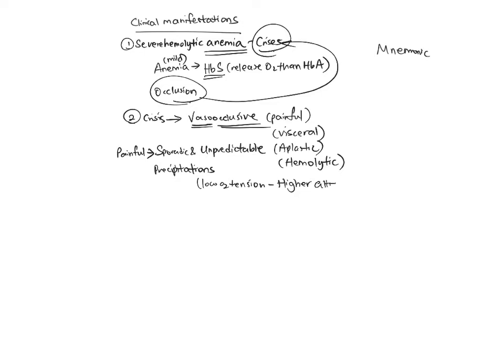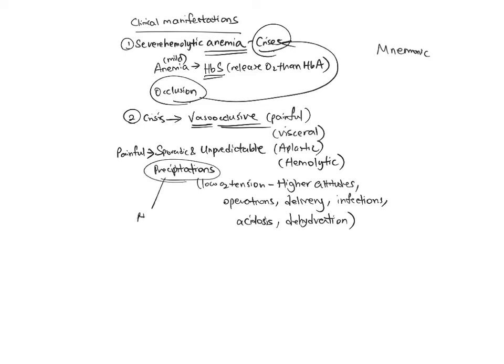And also in operations, in delivery when patients are pregnant, and also infections, acidosis. All these place stress on the body, and could also result in low oxygen tension. Dehydration can also cause crisis as well. So it's important to bear all these precipitations in mind, because you could advise patients to avoid them.